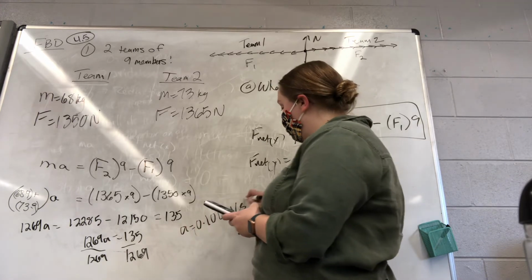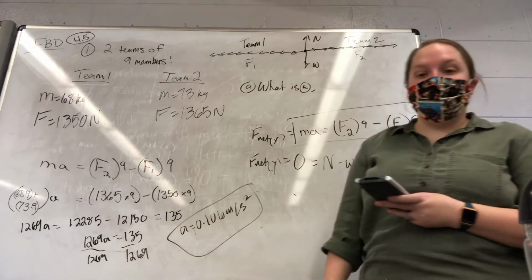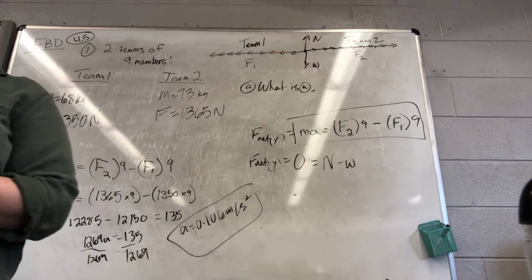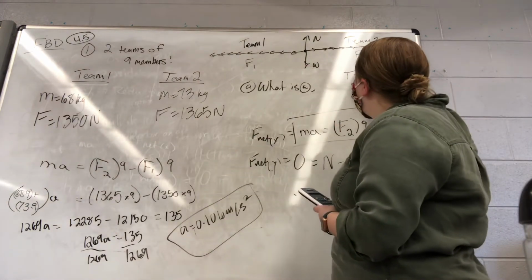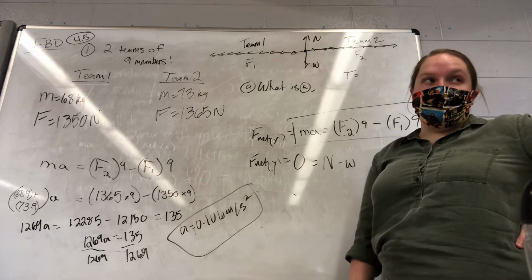Is that a very small number? 0.1, about a tenth. The tension in the rope between the two teams is just going to be the net force.